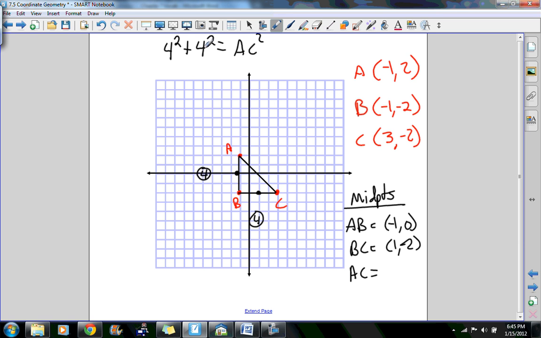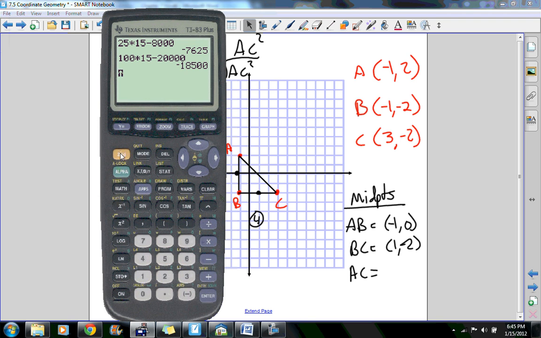So this is 16 and this is 16, so that ends up being 32 equal to AC squared. We have to square root both sides, and the square root of 32, rounded to 1 decimal place, is about 5.7.